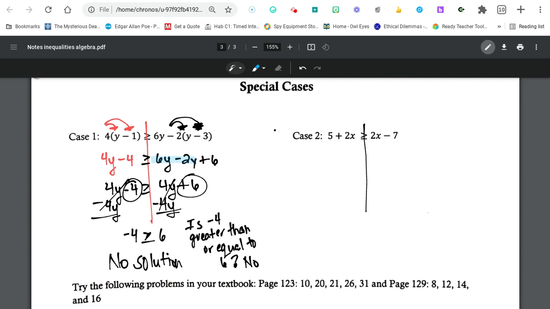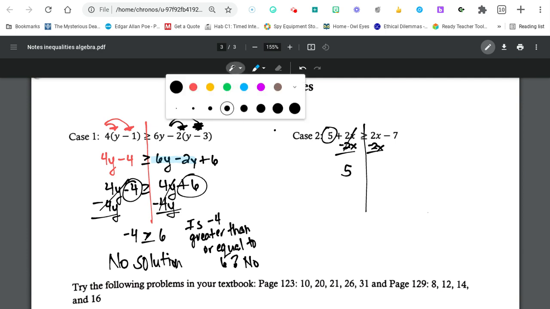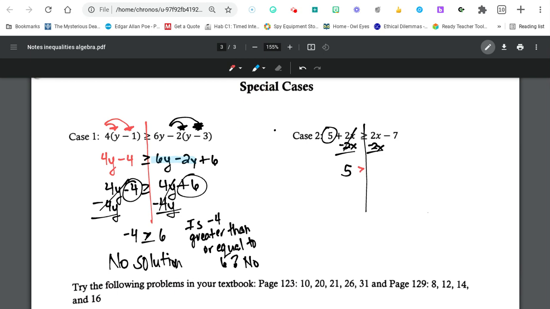I'm going to get rid of nothing. There is nothing on the left side or right side to combine to try to make the size smaller. So I can go ahead and get rid of positive 2x with a negative 2x. And on this side, I'm left with 5. And then it says 5 is greater than or equal to negative 7, because that's what I'm left with.